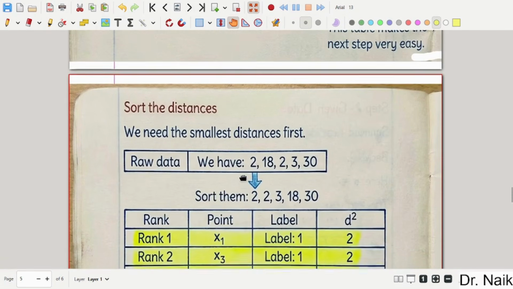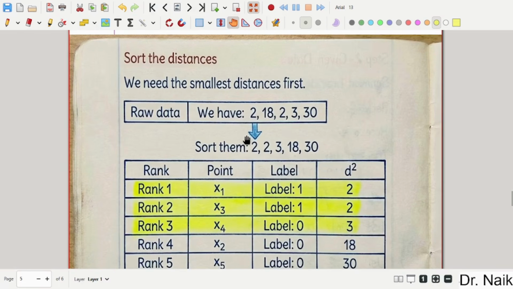Now sort the distances. The square distances we calculated are 2, 14, 2, 3 and 30. Sort them, that is, arrange them from smallest to largest, so we are arranging distances in ascending order.